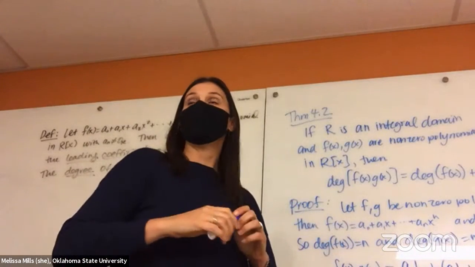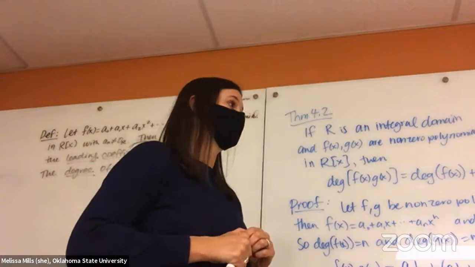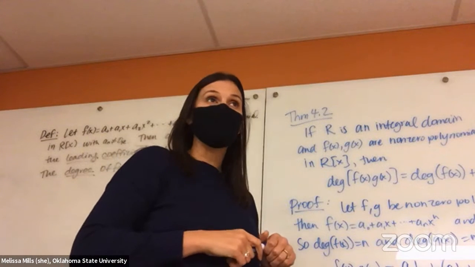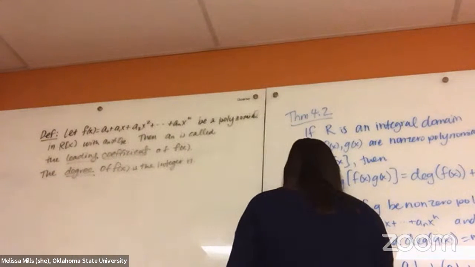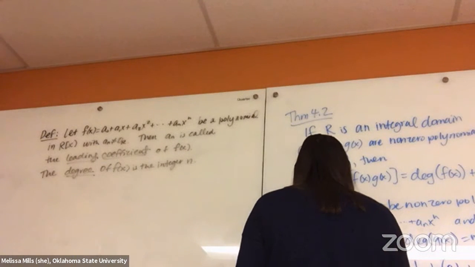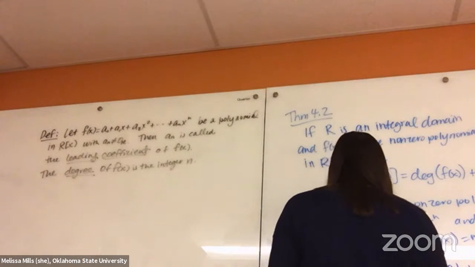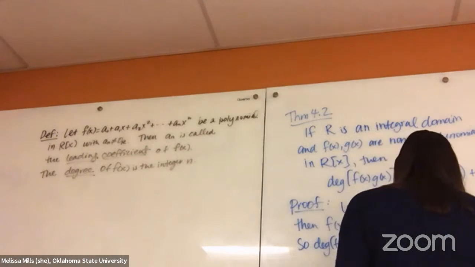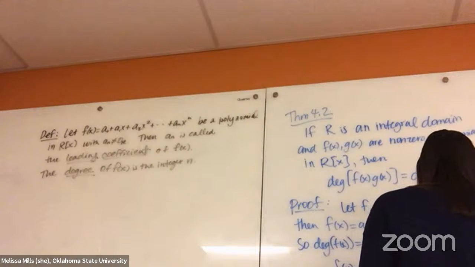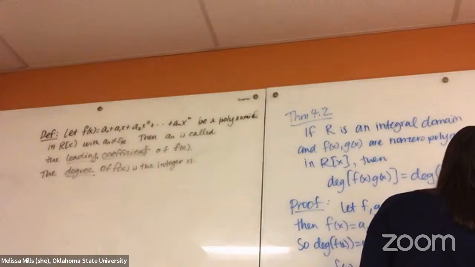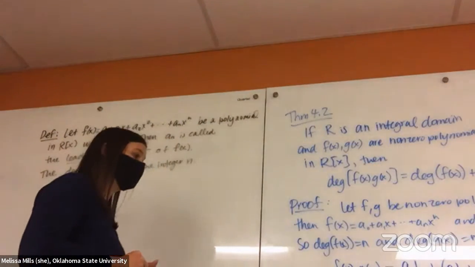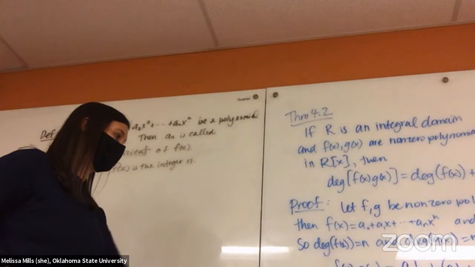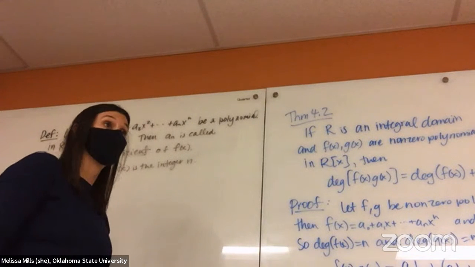And then Zach: R is an integral domain, right? So I know that a_n and b_m are non-zero since R is an integral domain. So I know that a_n and b_m are non-zero elements, and if this is an integral domain, you can't multiply non-zero elements and get 0.